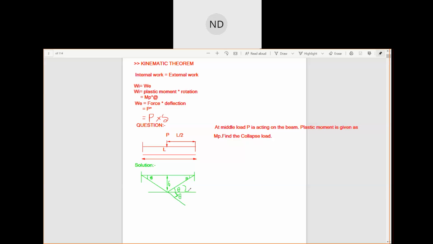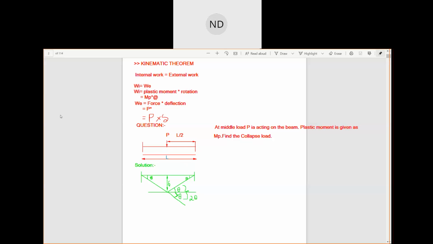So these two angles will be theta plus theta, equal to 2 theta. So we have the deflection here due to this point load at an angle theta. This is your L.